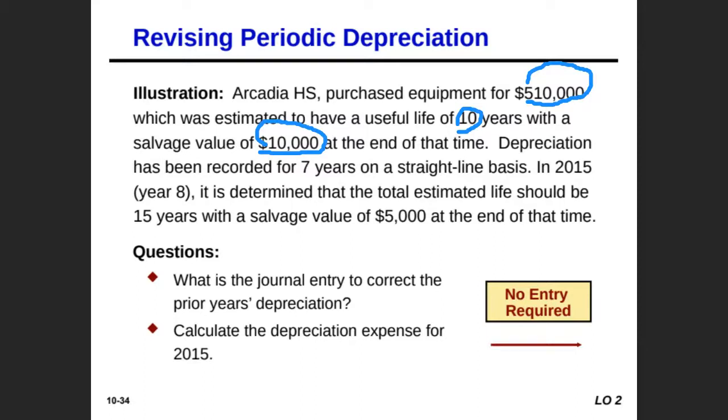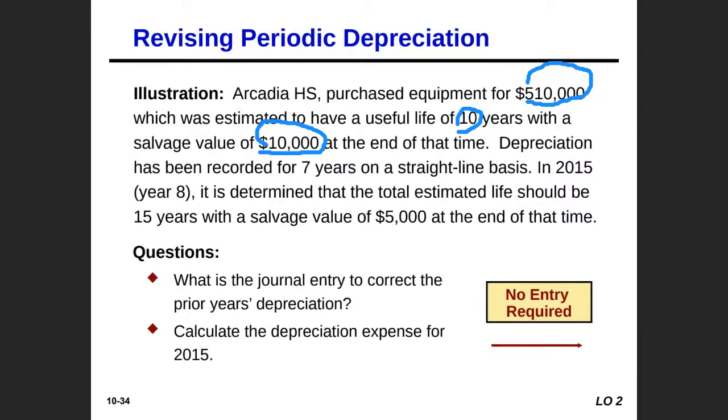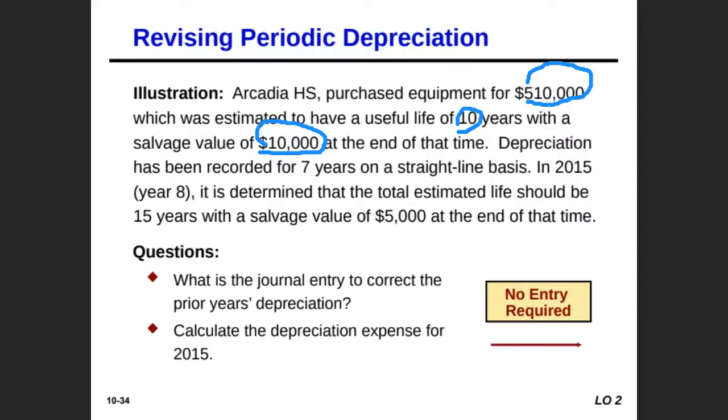Yes, 510, thank you, minus 10, 500,000, divided by 10. So what will be the depreciation for 1 year? Annual depreciation, Sanvi. 50,000, yes, thank you very much.